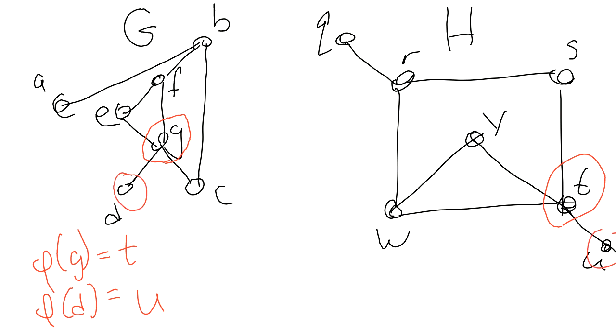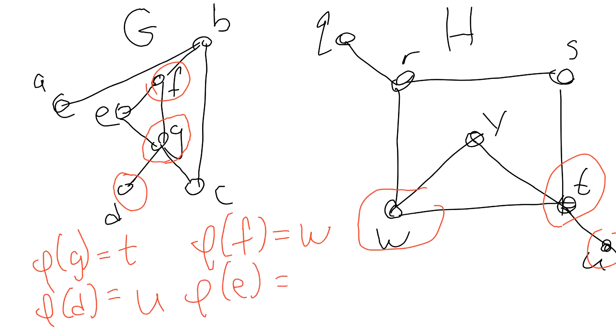Now looking at what else is next to G, there is a degree 3 vertex, F. So looking at H, next to T, there's a degree 3 vertex, W. Now F and G were both adjacent to vertex E. So that means that their images have to be adjacent to something. Well, F went to W, and G went to T, and those are adjacent to Y. So Y is going to be the image there.